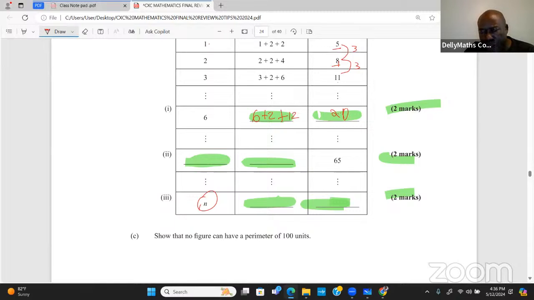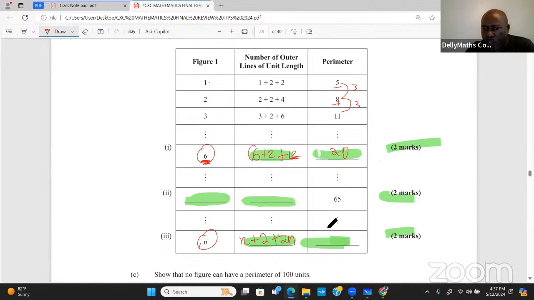So let's go get it. If I see 6 and I'm seeing 6, this is n. The +2 is always there. So the +2 is a must. But the number that comes at the back is 2 times the number in my first column. So that means this is 2n. I'm just following the pattern.